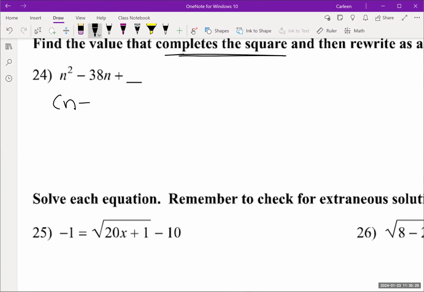Yeah, and minus what? 19. But when you square it, what appears? Ding, ding, ding. 361.